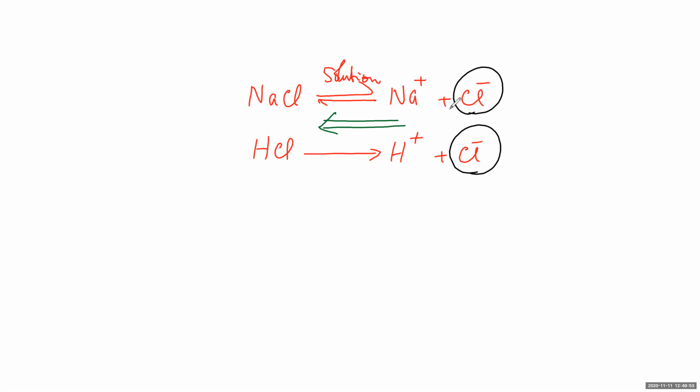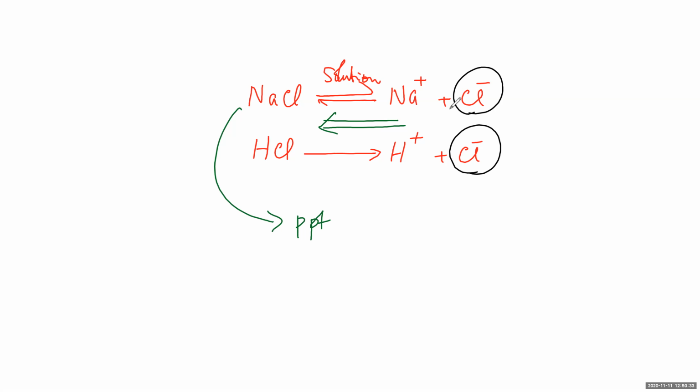That means the reunion of Na plus and Cl minus is increased, and so there is formation of sodium chloride. It's a saturated solution, and due to the suppression, sodium chloride is precipitated. Hence, we can purify sodium chloride by passing hydrogen chloride gas through sodium chloride solution.